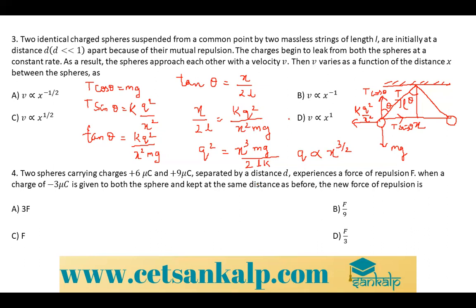Now what we are going to do is differentiate. dq by dt is equal to 3/2 x to the power 3/2 minus 1, which is 1/2, into dx by dt.